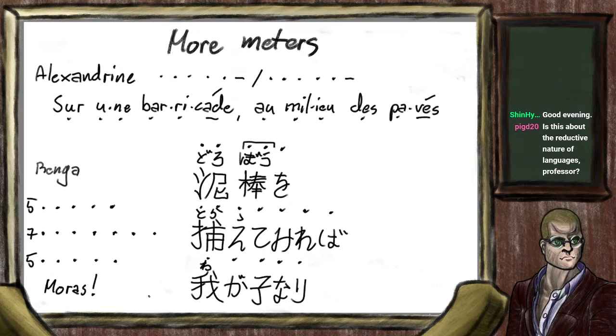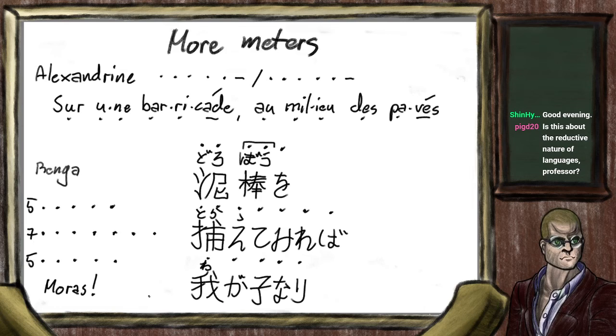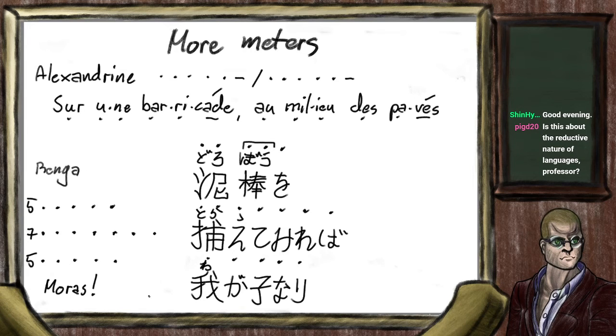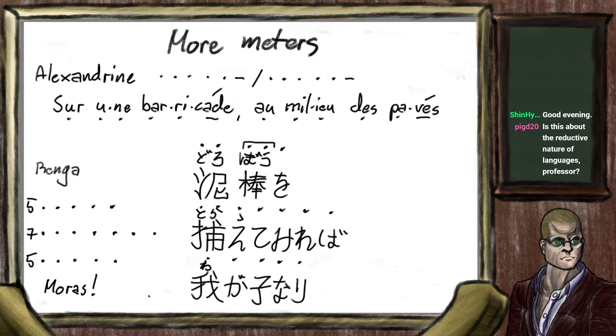For example, desu or deshita. In both cases, the u and i in desu and deshita have been reduced away, and the amount of syllables has collapsed. This is an example from Senryu himself, Karai Senryu, I think.